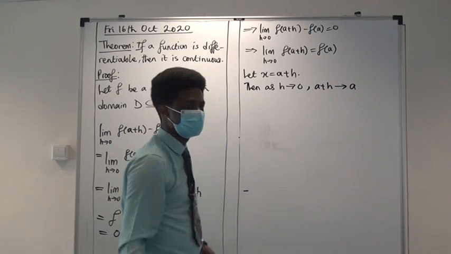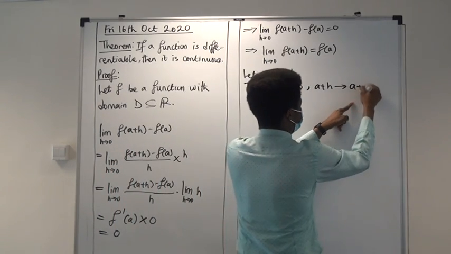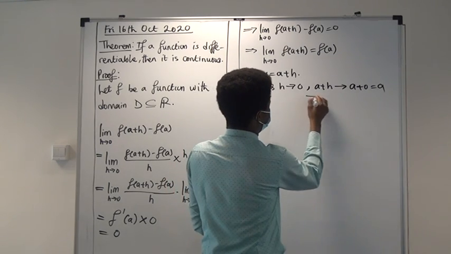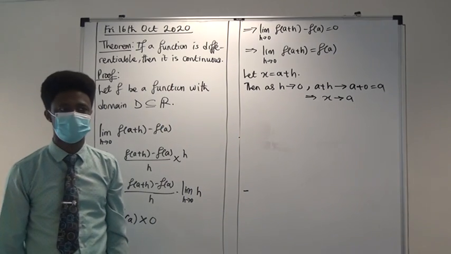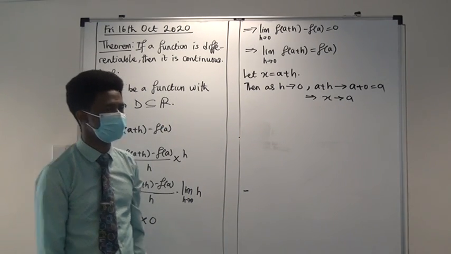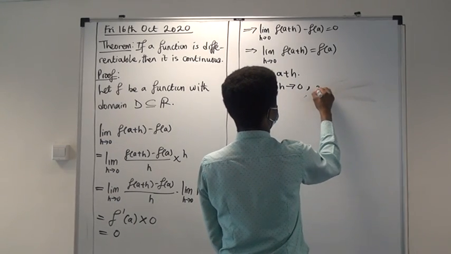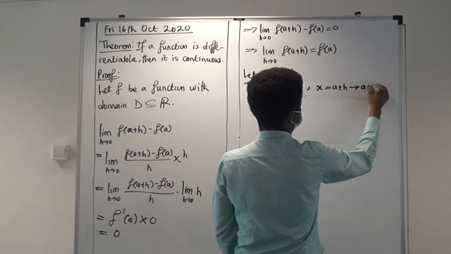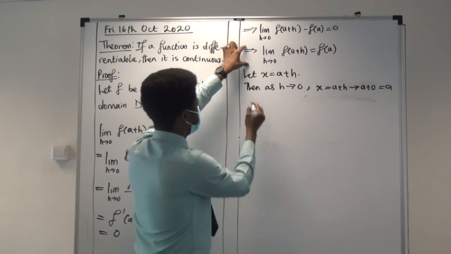A. If h tends to 0, a plus h tends to a, which is more or less a plus 0, which is a. Do you agree? So what are we saying in essence? That x tends to what? A. Or maybe I can write it directly from here. As h tends to 0, x, which is equal to a plus h, tends to a plus 0, which is equal to a. So everything here can be changed.